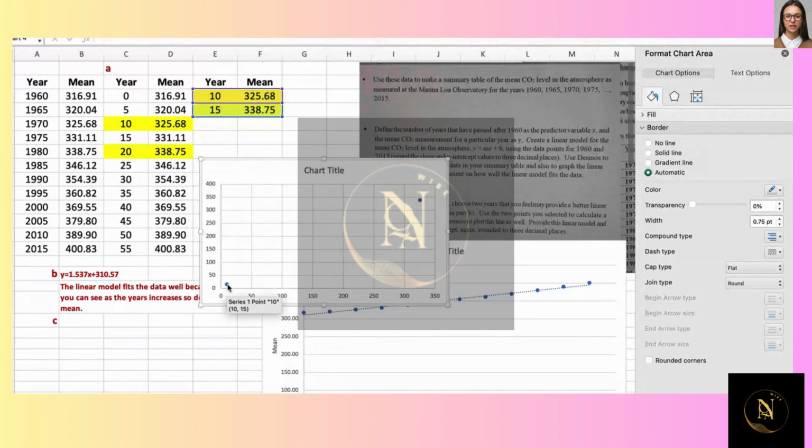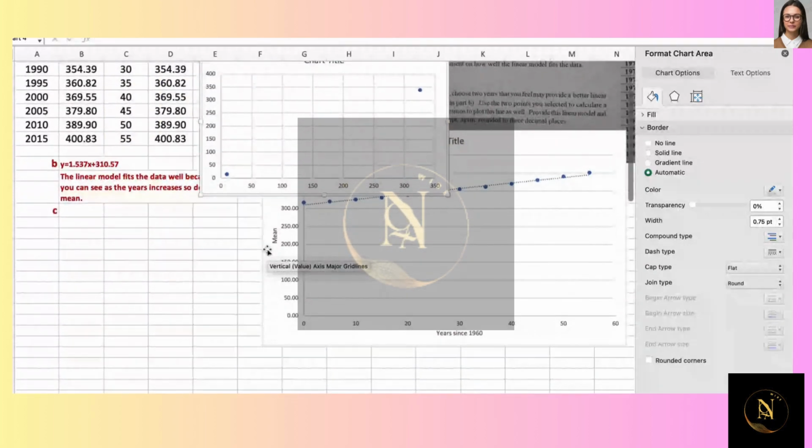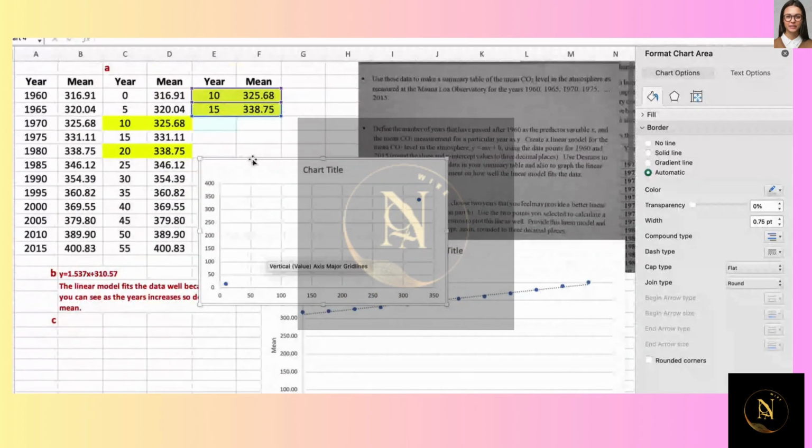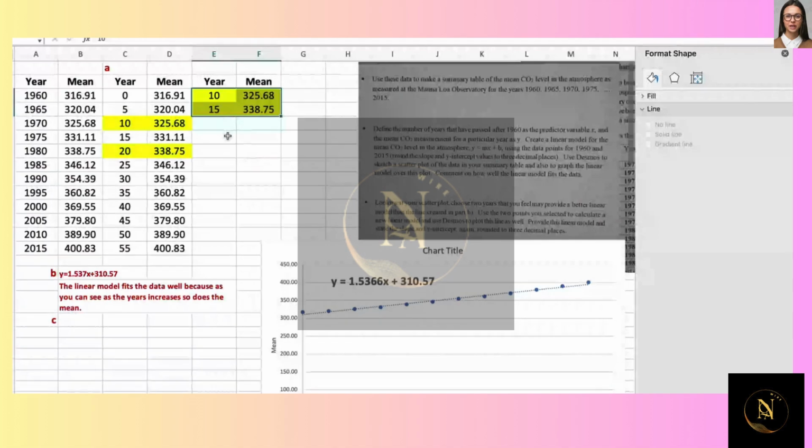Why did it flip that way? Okay, so insert scatter plot.